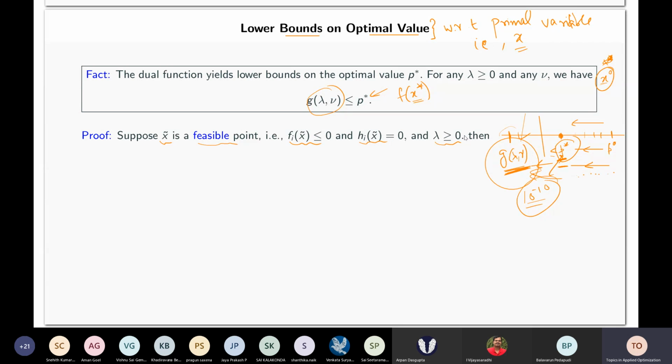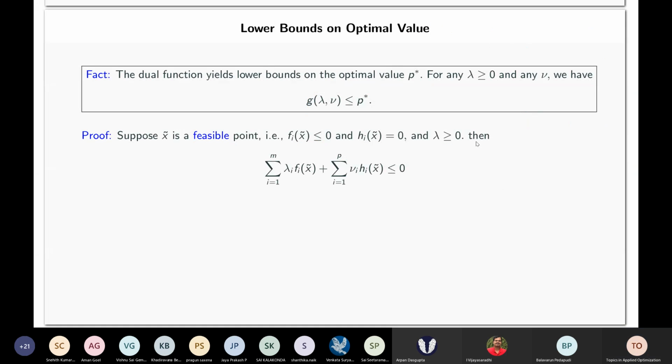Lambda is always greater than or equal to 0. That's the definition that comes from the Lagrange multiplier assumptions. Then what do we have? Since these terms are individually less than or equal to 0 and individually equal to 0, if I take the sum of these, m terms, weighted by lambda_i, where lambda is a vector, lambda 1, lambda 2, up to lambda m, greater than or equal to 0, so entry-wise they are greater than or equal to 0.